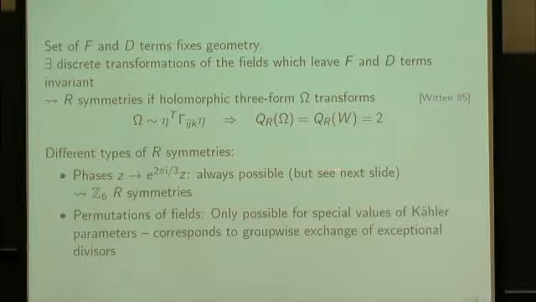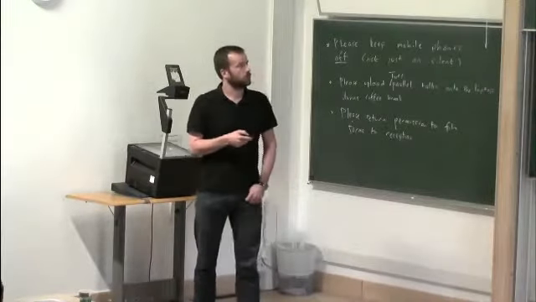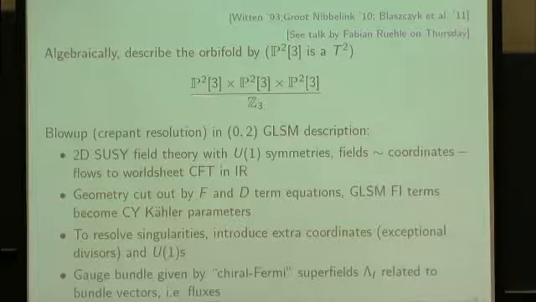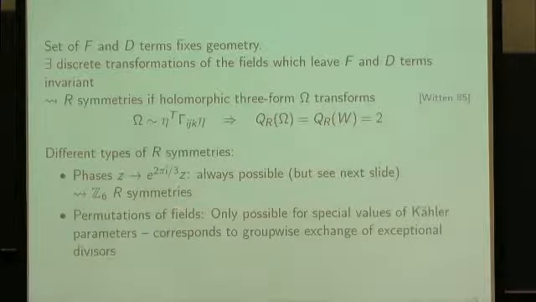And so if you write down the holomorphic 3 form, which you can do in patches, but it's enough to look at these transformation properties, you find basically 2 types of these R symmetries. One of them is you have just phases. The point is that just from the structure of these P2s, or of these polynomials that cut out these P2s, you see that the Z's only appear as Z cubed. So you always have these phase symmetries.